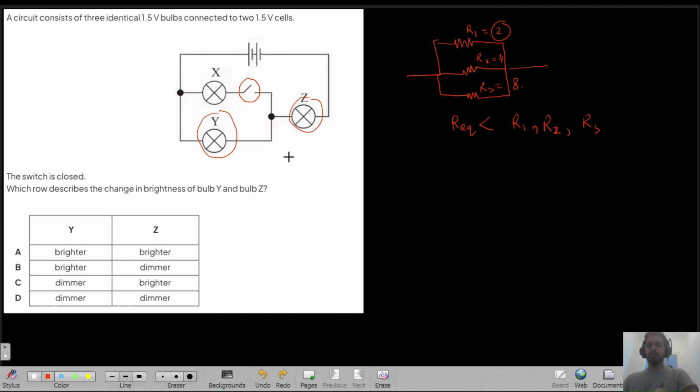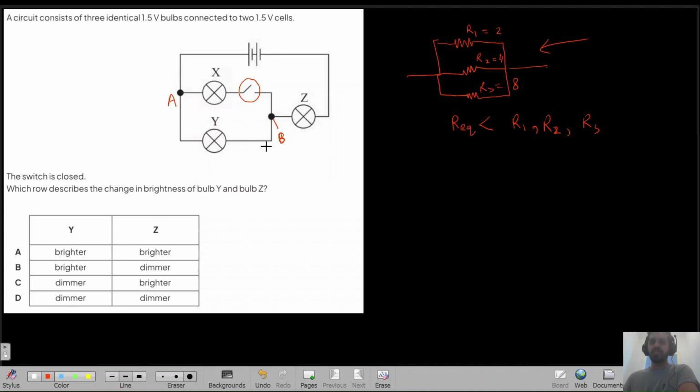right? So if I ask you, how will the total resistance between this point A and this point B change after I close this switch? The total resistance, like I just explained here, will decrease, right? Between point A and point B after closing the switch.